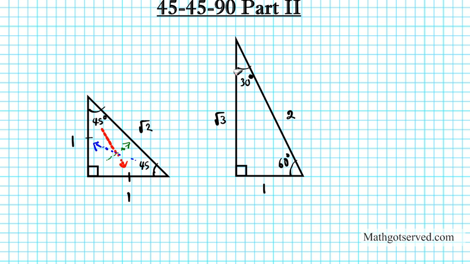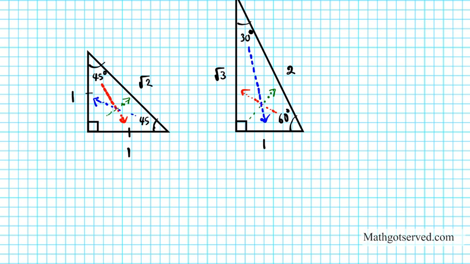In the 30-60-90 triangle, opposite the 90 degrees, we have the side measuring 2. Opposite the 30-degree angle, we have 1. And opposite the 60-degree angle, we have root 3. Let's keep these orientations in mind because that's what's going to help us solve the problems.